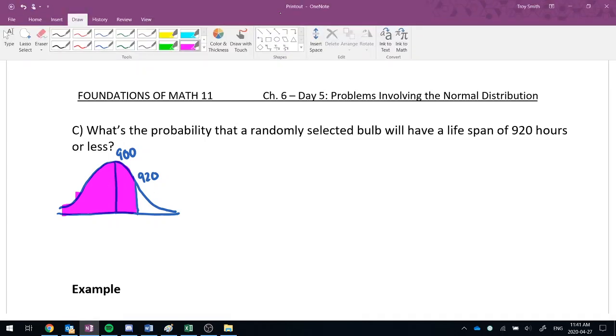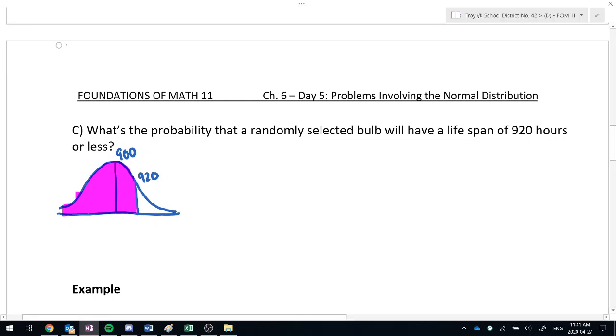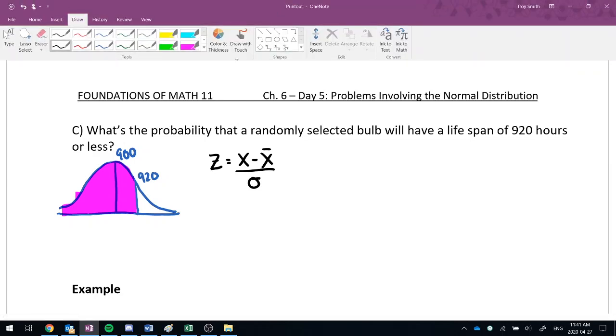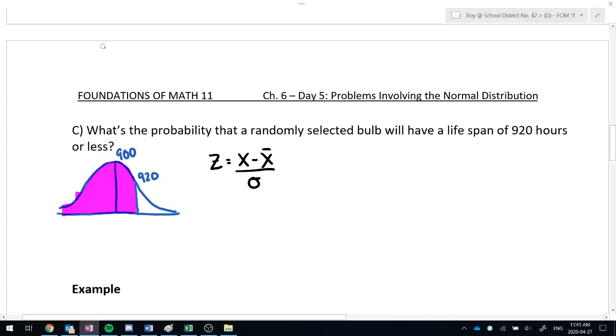Okay. So of course, we're going to want to find out our z-score for that one, because remember, the area under the curve also represents the probability of randomly selecting that value. Okay, so we're looking for our z-score here. In this case, our data point is 920. We're looking for the z-score of 920.